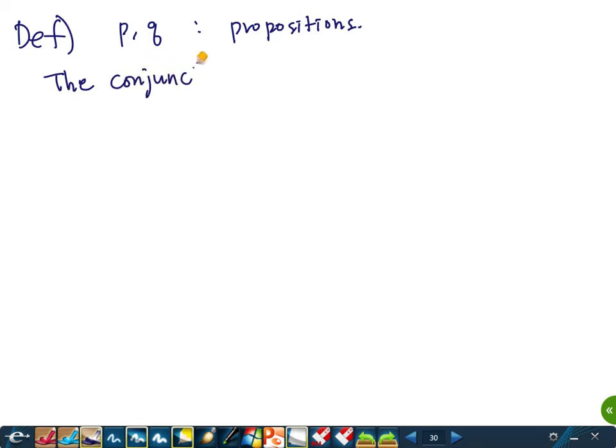Okay, so we have propositions. And like sets, we can operate on propositions. We can construct many propositions from another proposition. These are propositions. And the conjunction of P and Q is denoted P wedge Q, like a wedge.